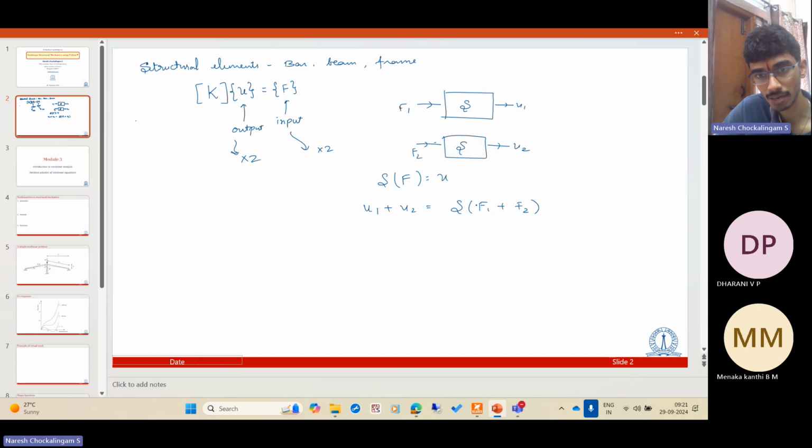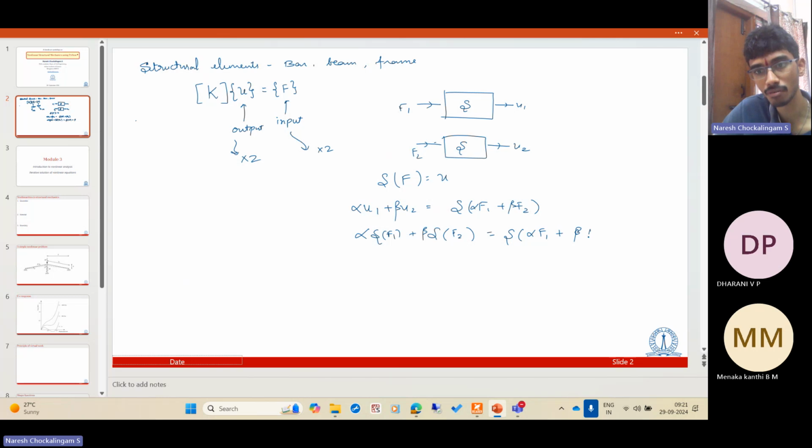Or in general, you can also multiply by arbitrary scalars. Alpha F1 plus beta F2 will return alpha U1 plus beta U2, which is basically alpha S of F1 plus beta S of F2. So this is a very, very convenient and very strong assumption.